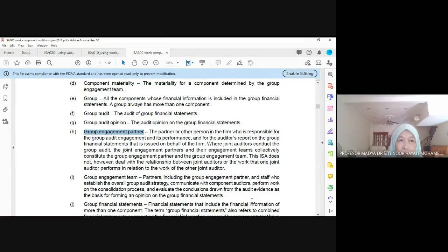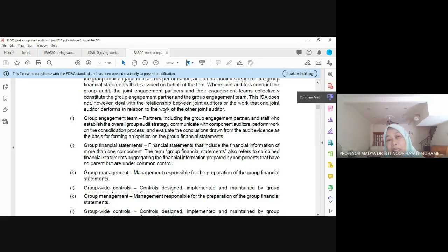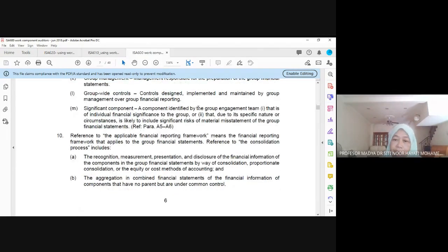The issue of using the work of component auditors is a situation where at least one of the subsidiaries S1, S2, A1 has an auditor different from the auditor of the parent. Clear about that? So what is the issue here? The issue is with regard to using the work of the component auditor.